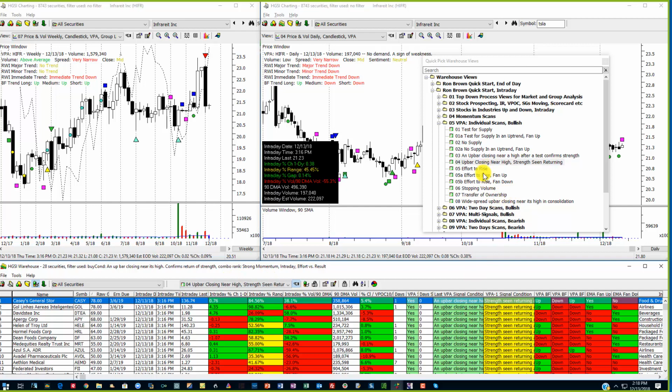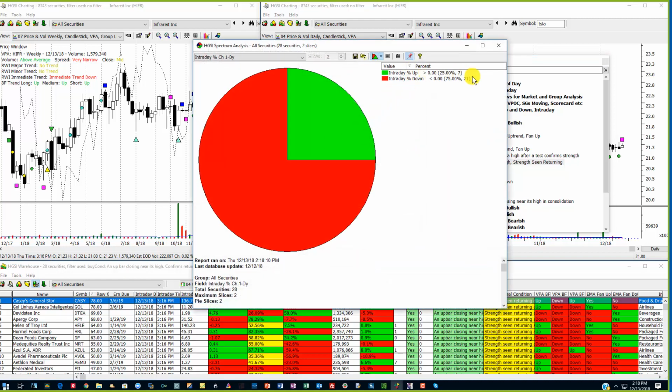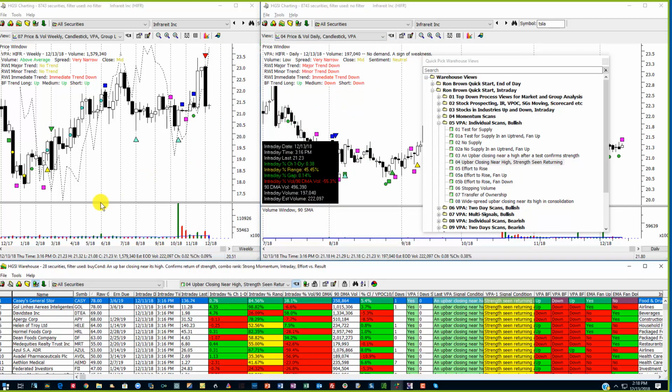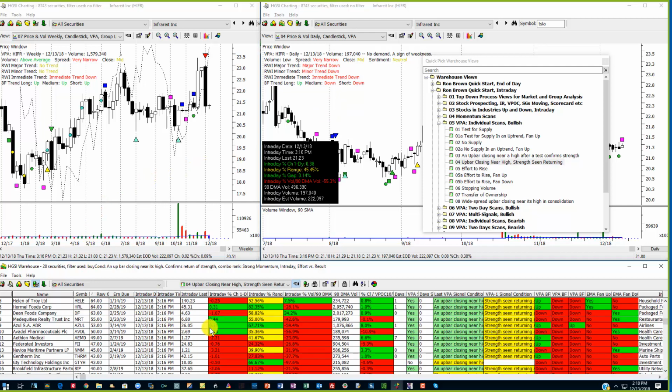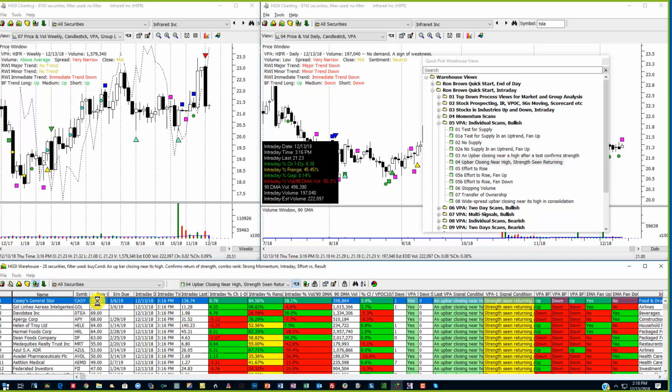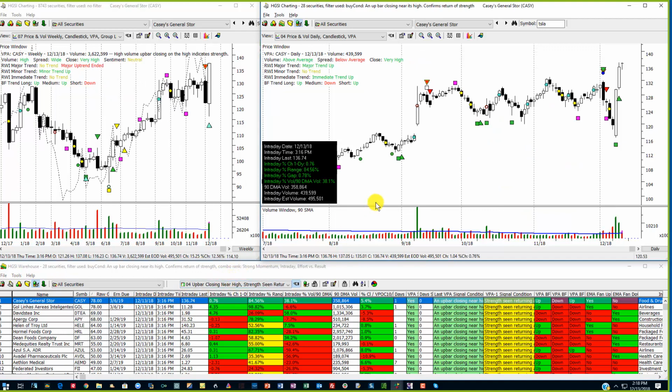Okay, where am I here? Strength seen returning, and we have 28 of these. If I click on this, it tells me that 25% of these are up today and 75% are down. This is just not a good day for follow through on some of these flags. I'm going to look at Casey's General Store.